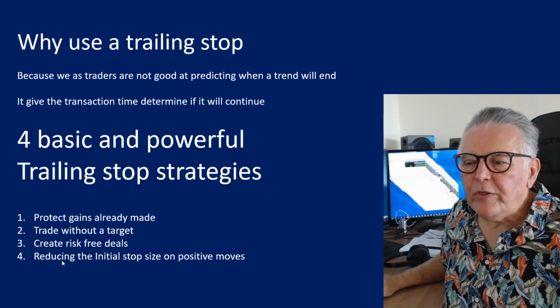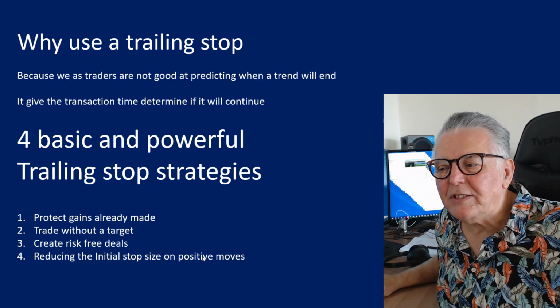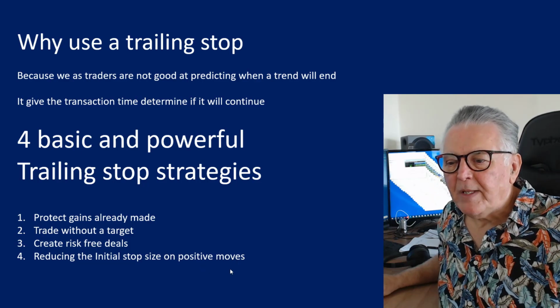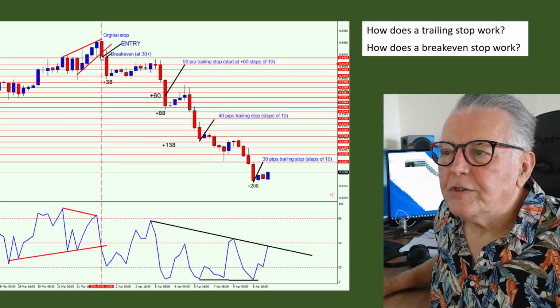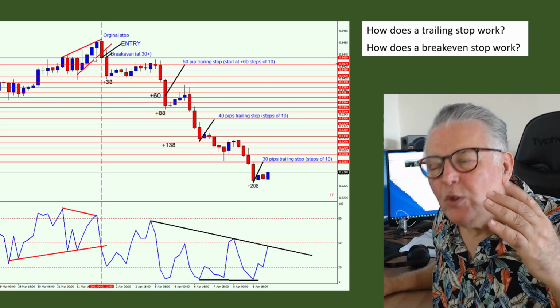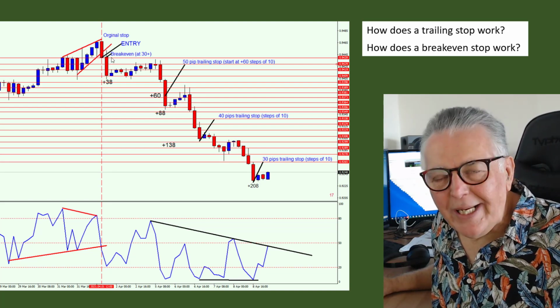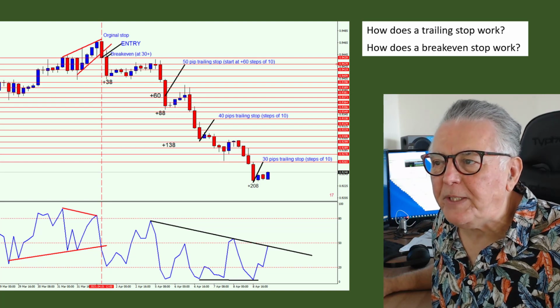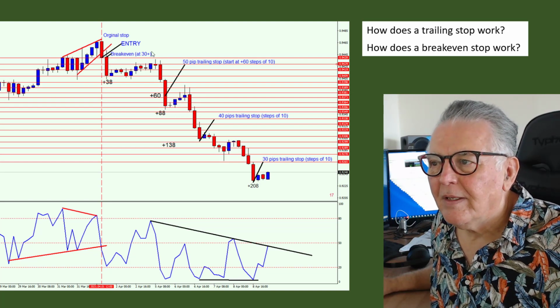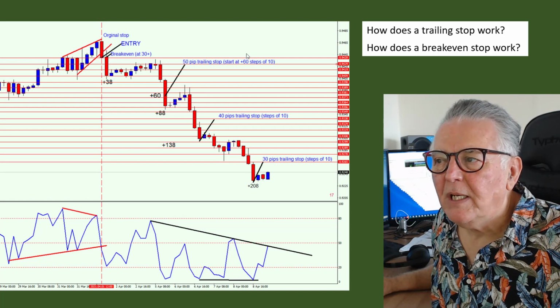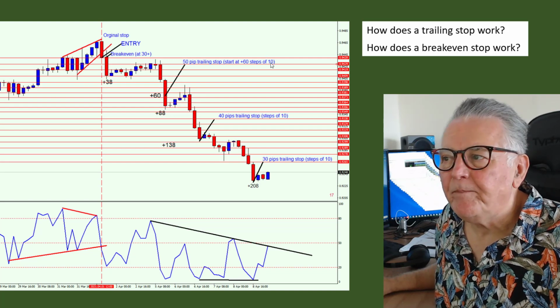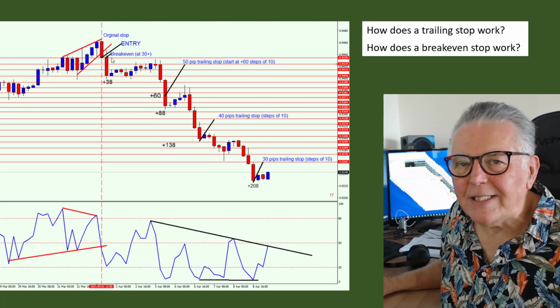And then reducing the initial stop size on positive moves. So let's go back to that chart. What I could have done right up front is I could have put in a trailing stop of, let's say, 40 pips, a trailing stop of 40 pips with jumps of 10, right at the point of entry.